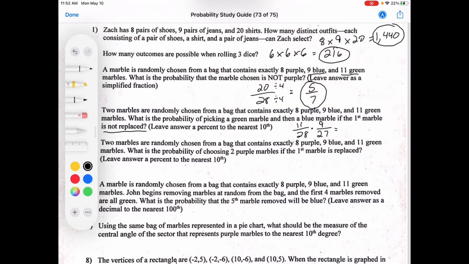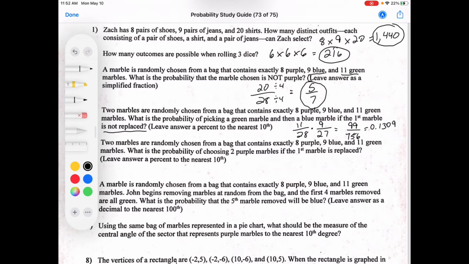All right, now we're going to multiply these two together. We get 99 over 28 times 27, 756. Divide these two. 99 divided by 756. And we get a decimal of 0.1309.